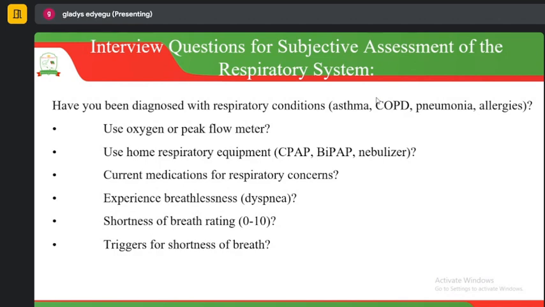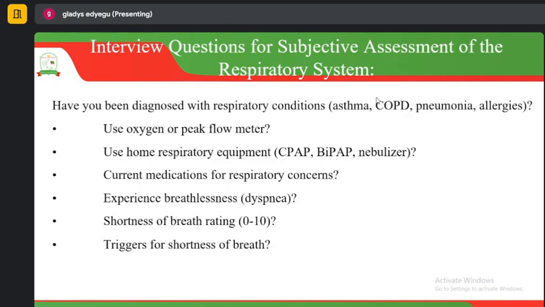So when you ask them such questions, they can be able to tell you, and also you need to know the current medications for respiratory concerns. So if they tell you there are some drugs that they are taking, you can be able to identify, and you can be able to understand whether it is the course of these drugs that might have given this patient a difficulty in breathing if he has reacted to them.